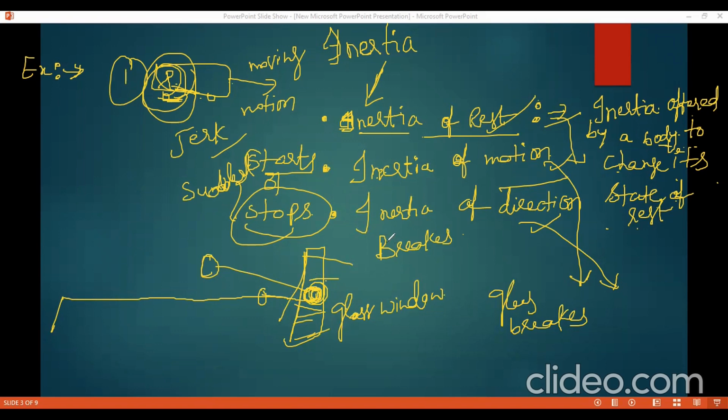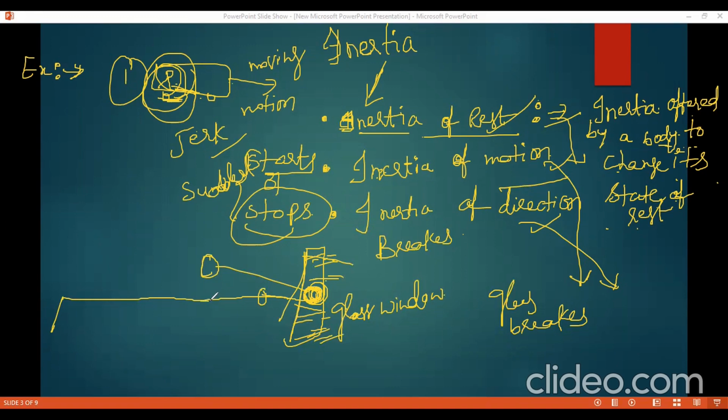When a stone is thrown, its inertia is much lower, right? That's why it is not going to cut through the glass.